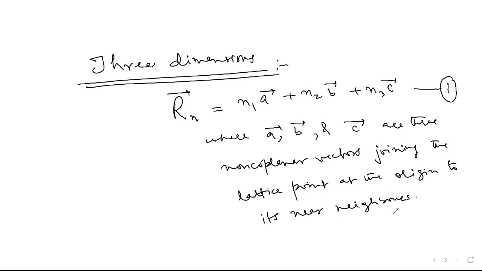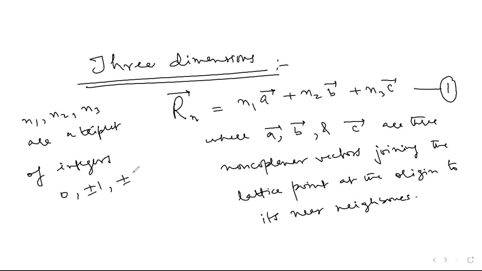And n1, n2, n3 are a triplet of integers. So they can be 0, plus minus 1, plus minus 2, etc., and whose values depend on the particular lattice point.